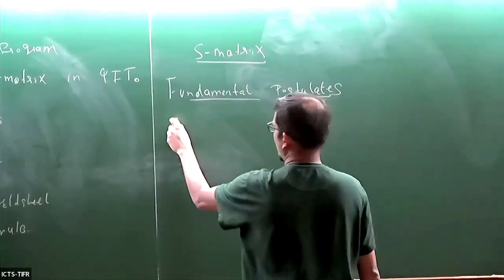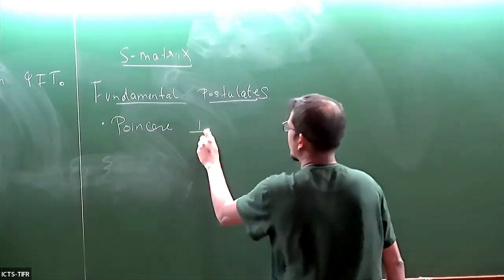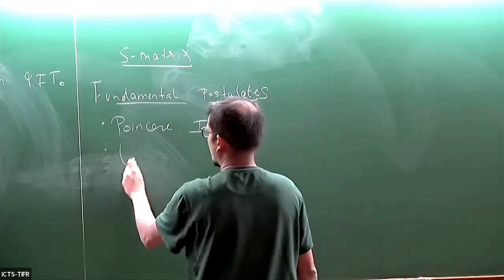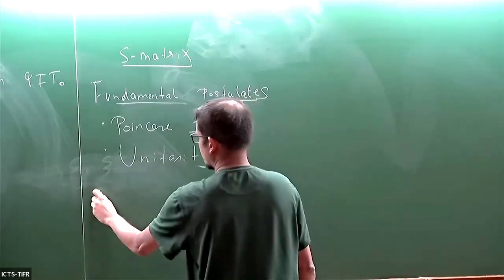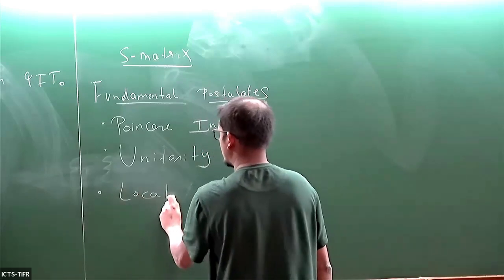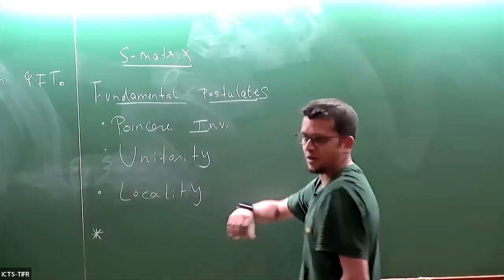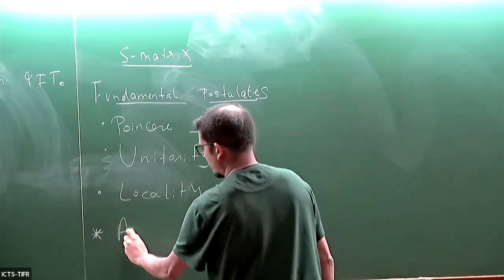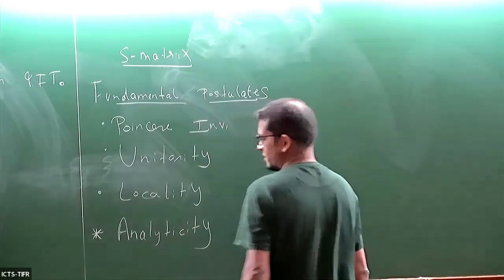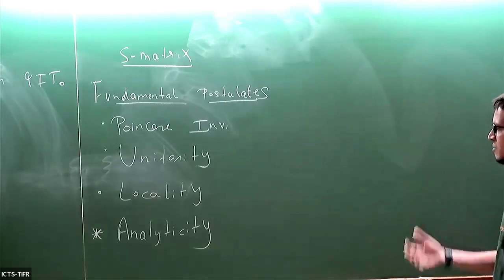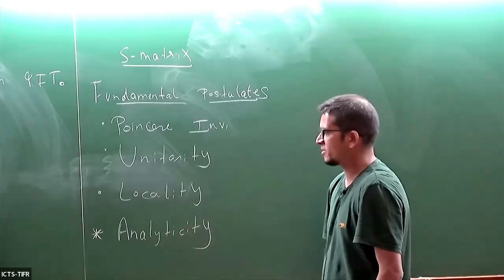And those are, as everyone knows, for example, if you are doing flat space S matrix, Poincare invariance, unitarity, locality, and there is a slightly thorny postulate which requires a far longer discussion because it is often used in slightly different ways. But let me just call it analyticity of the S matrix. As a function of Mandelstam variables, we expect this S matrix to have some analytic properties away from where it has poles and branch cuts.